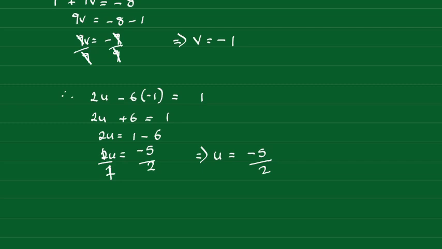Therefore, we have it that our answer for (u, v) is equal to (minus 5 over 2, minus 1). Thank you.